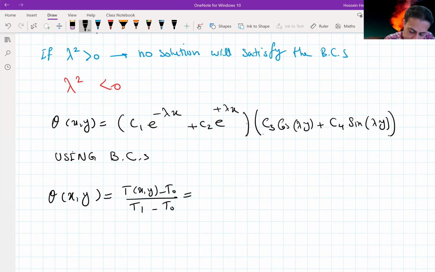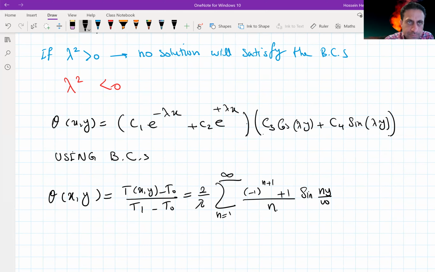And this solution is going to be 2 over pi, sigma n equal to 1 to infinity, minus 1 to the power of n plus 1 divided by n, sine of n pi y over w, hyperbolic sine of n pi x over w, divided by hyperbolic sine of n pi L over w.